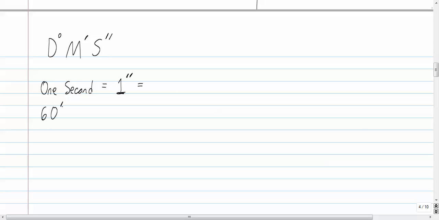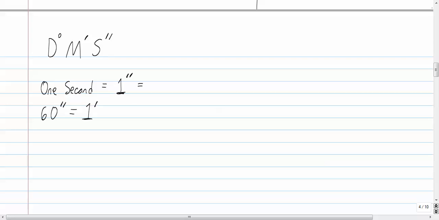60 seconds, just from the way that we use it in the real world, would be equal to 1 minute. Okay, and that's true here in the math sense, what we're doing here. 60 seconds equals 1 minute.